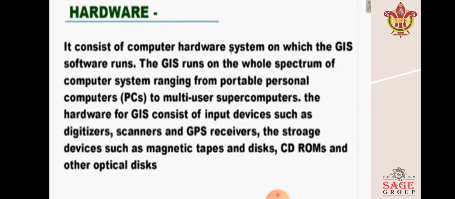The hardware of GIS consists of input devices such as digitizers, scanners, and GPS receivers, and storage devices such as magnetic tapes and discs, CD-ROMs, and optical discs. That is the example of hardware.